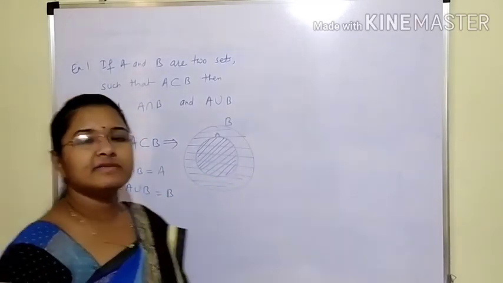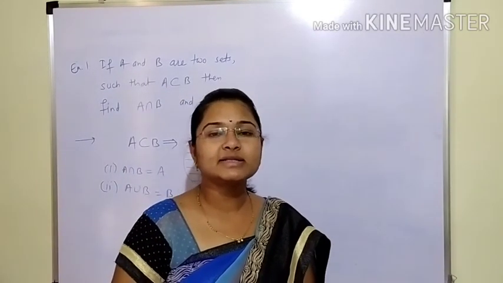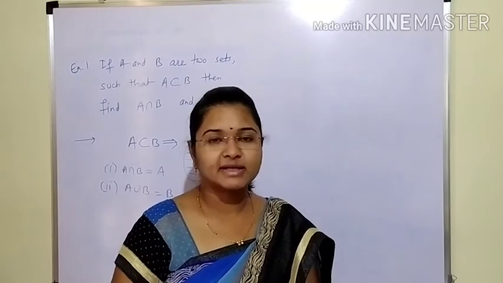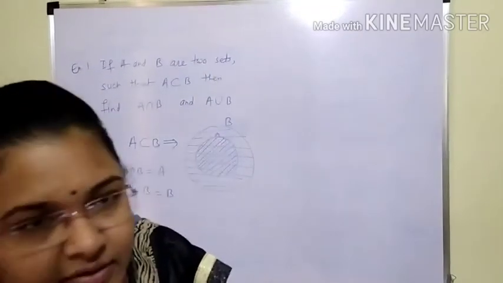So when one set is a subset of another set, their intersection is the smallest set and their union is the biggest set. Any doubt in this? Okay, we'll start with the second question.